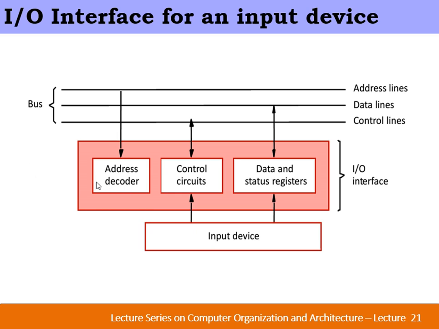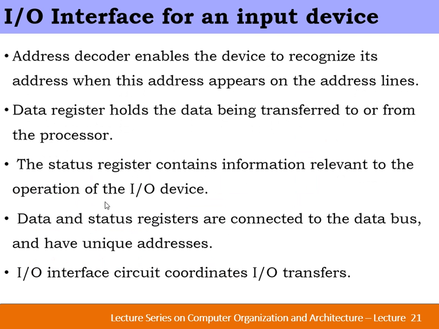It is going to check, identify or recognize whether it is the address of this particular connected IO device. So that is the address decoder. It enables the device to recognize its address when the address appears on the address lines.